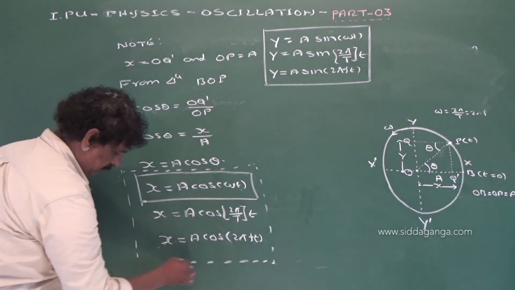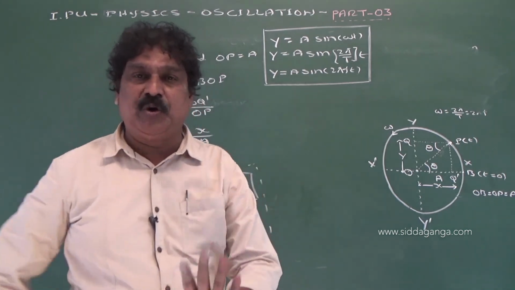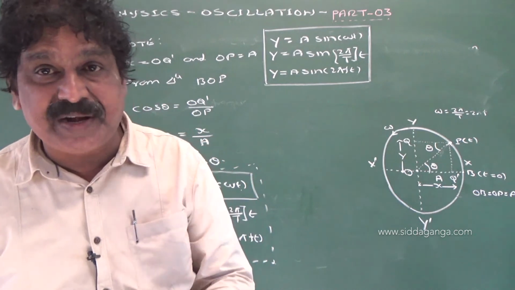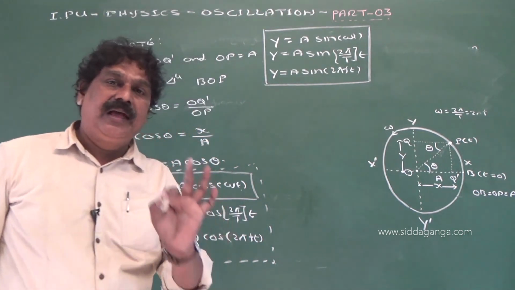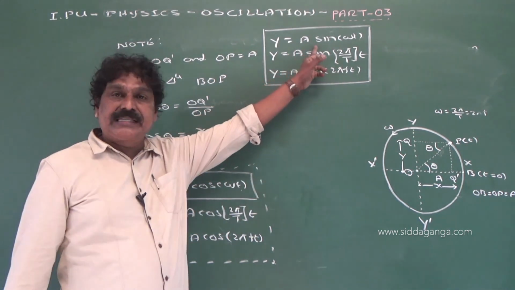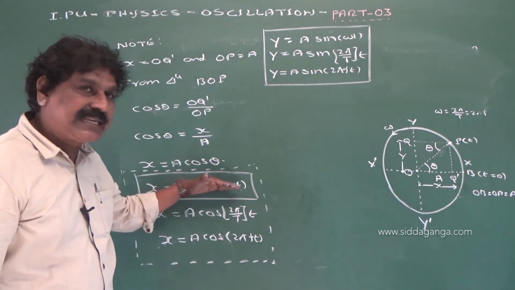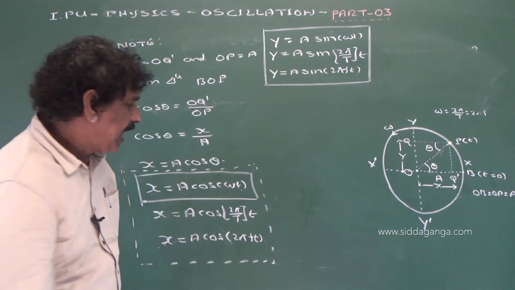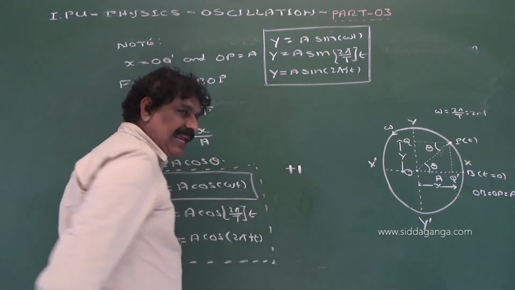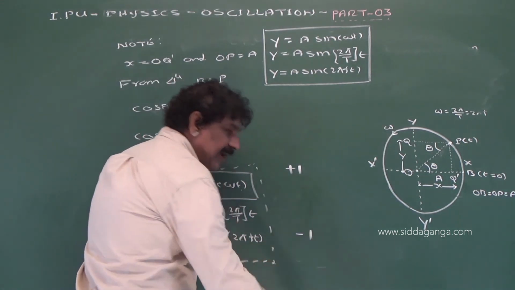Now, see here, this to and fro motion or oscillation of the foot of the perpendicular can be expressed in terms of a sine function and a cos function. Both the sine function and the cos function have one extreme value plus 1 and another extreme value minus 1.